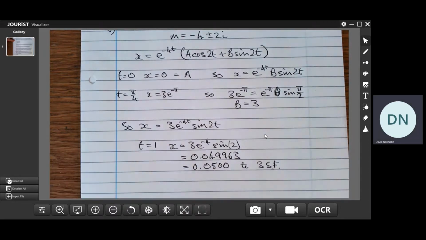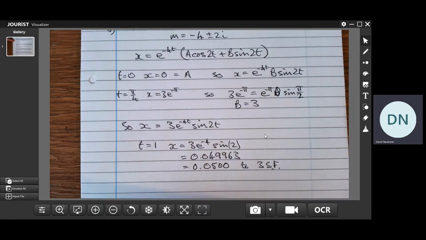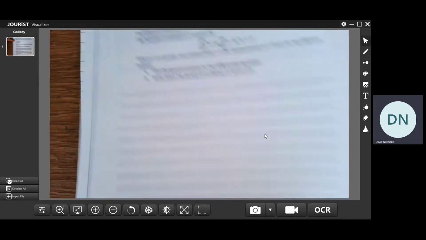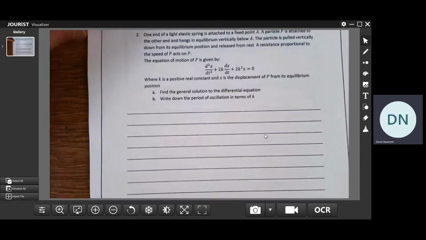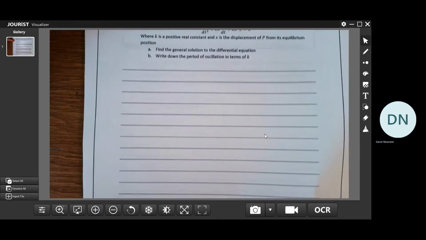Let's have a look now at the second one.